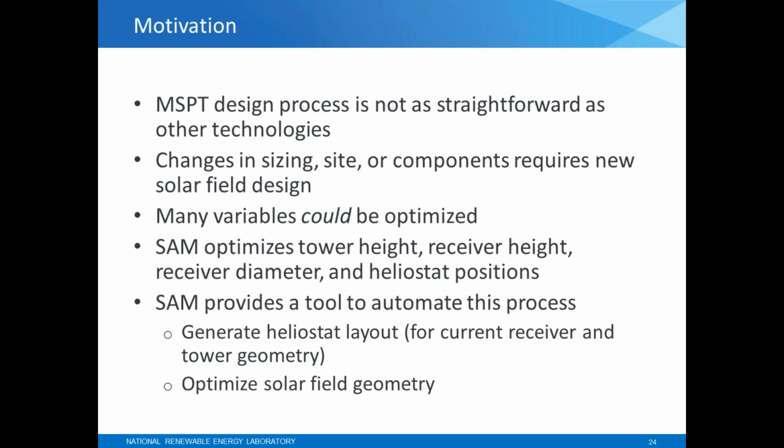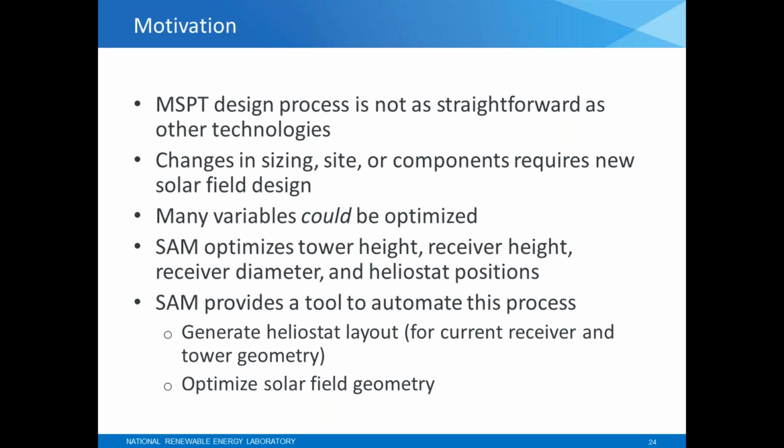Power towers, on the other hand, require that you generate a heliostat field layout, and that layout corresponds with a receiver dimension. And all of that depends on location and all the different design parameters that go into the system. So if you change the size, the site, or the components, you need a new design.